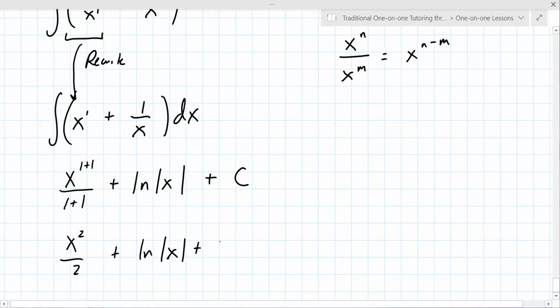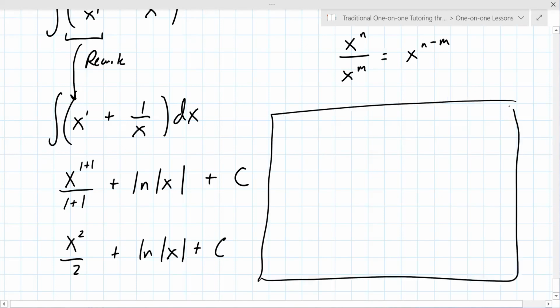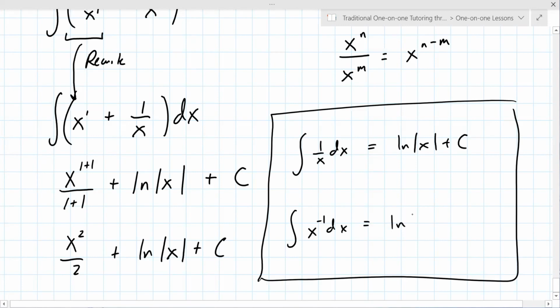Again, there's two things here. It's the same. The integral of 1 over x dx is the natural log of the absolute value of x plus c. The integral x to the minus 1 dx equals the natural log of the absolute value of x plus c. They're the same. Okay. These are the same.